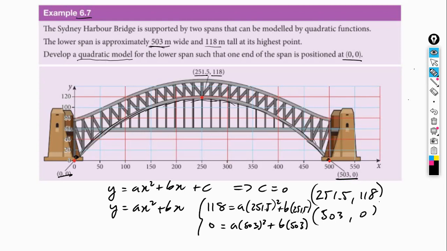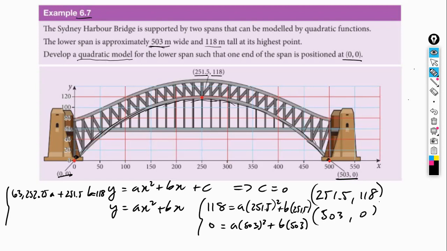So let's expand this and rearrange it. I'm going to do that over here to the left. So we would get two expressions. One would be 63,252.25a plus 251.5b equals 118.